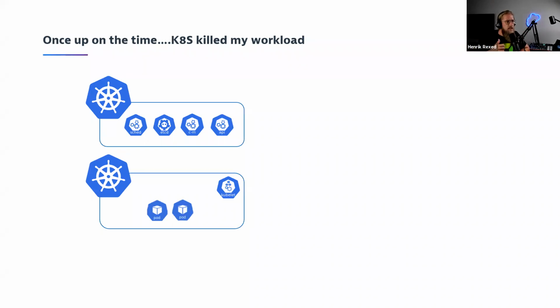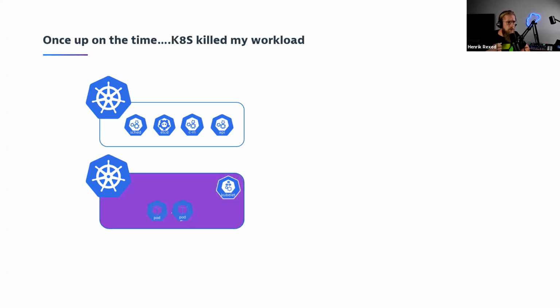Let's say suddenly we have pressure on a node. So the node starts to have resource issues on the memory side or on the CPU side. In order to avoid a major outage or major problems at the infrastructure level, Kubernetes will implement an event called eviction.